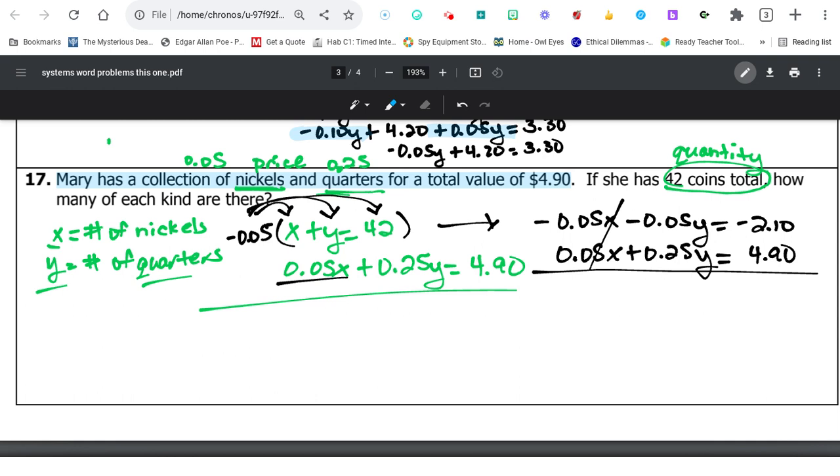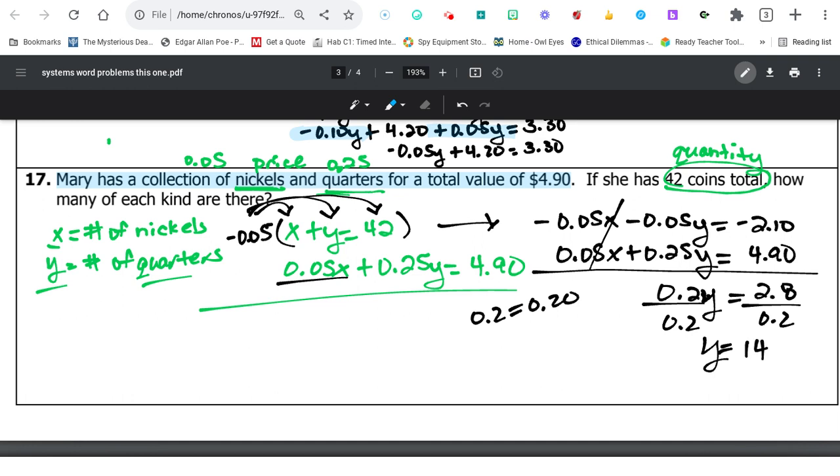And then 25 cents minus a nickel is simply 20 cents. I'm just going to put 0.2, because 0.2 is the same as 0.20, same as 20 cents. All right, so 0.2y equals $4.90 minus $2.10, which is $2.80. Okay, and just divide both sides by 0.2. So y is 14, so it's 14 quarters.